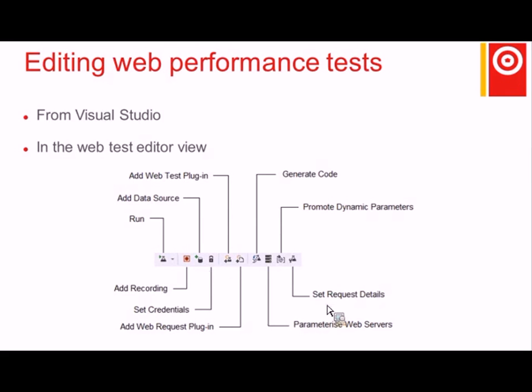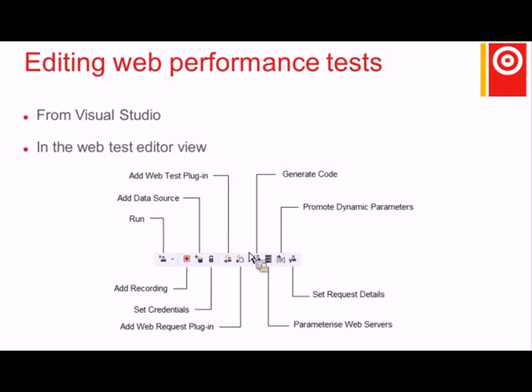There's also what we call adding in a web test plugin. This essentially enables you to override the main class of the web performance test so that you can put your own C# or VB code into a web performance test. We won't be covering that today. That is an extremely advanced option, so we will definitely not be covering that today.